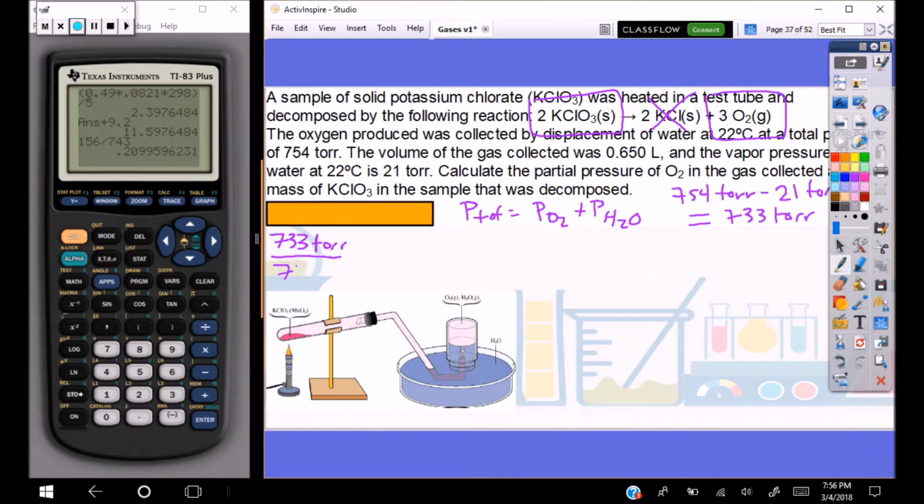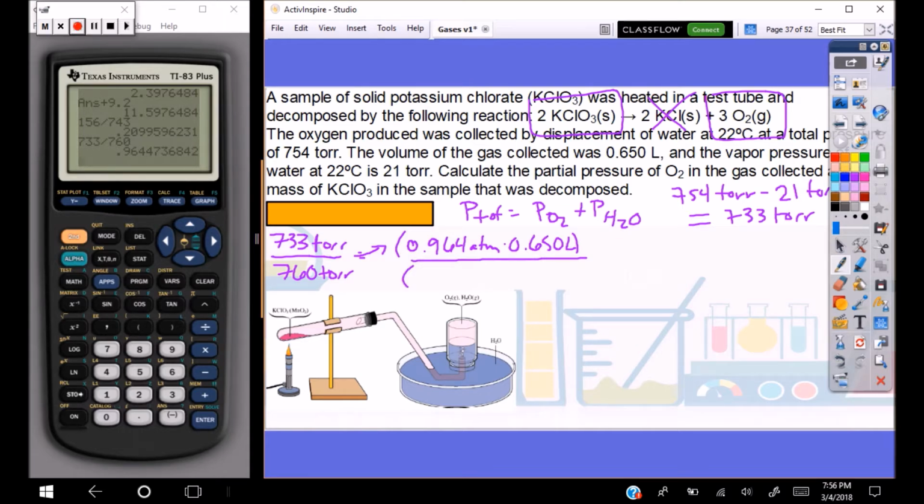So first I need to convert it and figure out my pressure in atmospheres. I'm just going to plug it straight into my setup here. So 733 divided by 760, 0.964 atmospheres. And I'm solving for moles here, so I want PV over RT. I'm told that the volume of gas collected is 0.650 liters, which is a ton of gas.